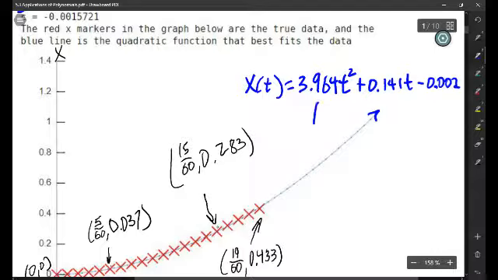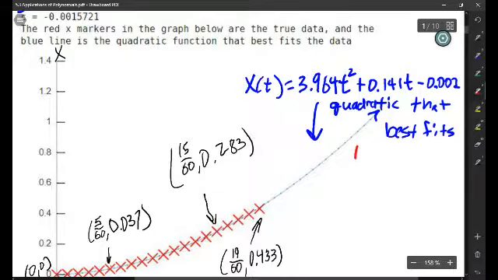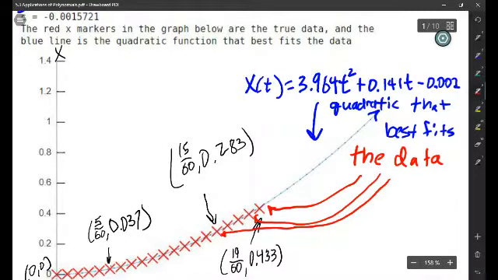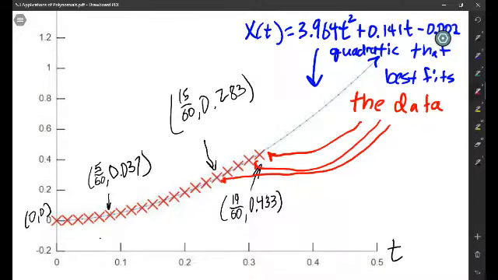So that is the quadratic that best fits the data, which I'll write in red. That's these individual points. All right. There's a finite amount of points. The quadratic gives us a way of getting a function that will tell us the position at any time. Or the best estimate we can come up with, at least.